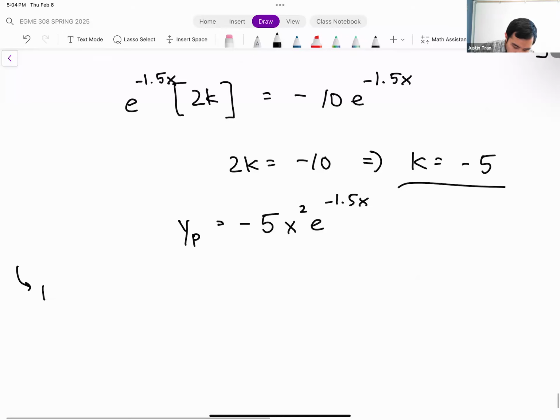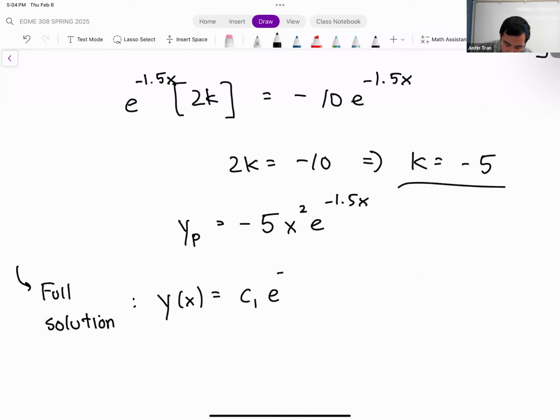Then we can form our full solution. Our full solution, y of x, is equal to, first, our homogeneous solution: c1 e to the minus 1.5x plus c2 x e to the minus 1.5x. Plus, or I should say minus, 5x squared e to the minus 1.5x.